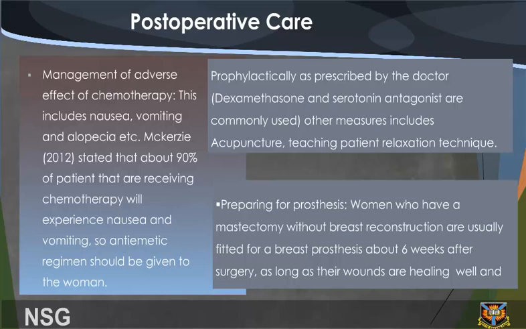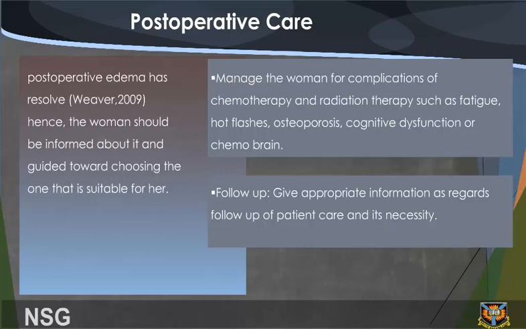Women who have a mastectomy without breast reconstruction are usually fitted for a breast prosthesis about 6 weeks after surgery, as long as their wounds are healing well and post-operative edema has resolved (Weaver, 2009). Hence, the woman should be informed about it and guided toward choosing the one that is suitable for her.